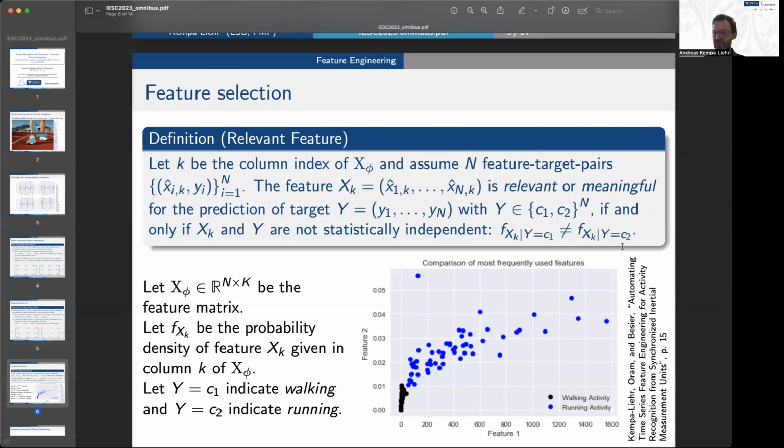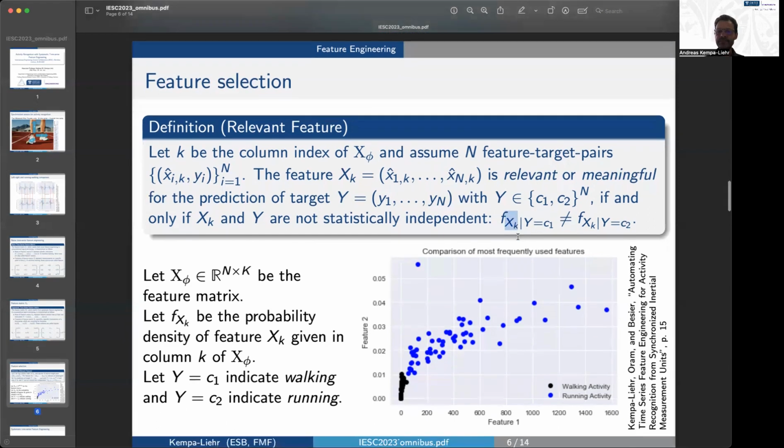So if these two conditional densities are different, then we know that this specific feature is relevant or useful for our machine learning target intent.